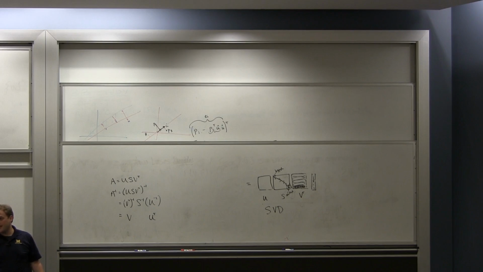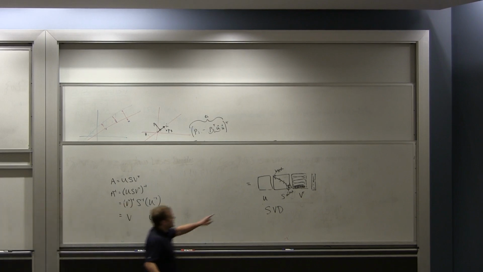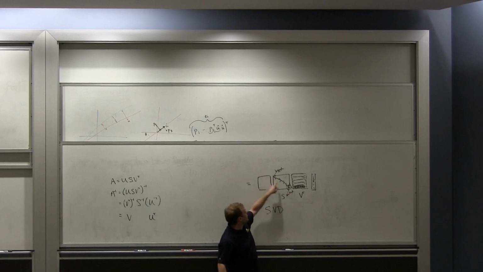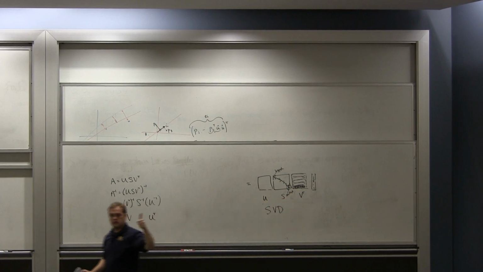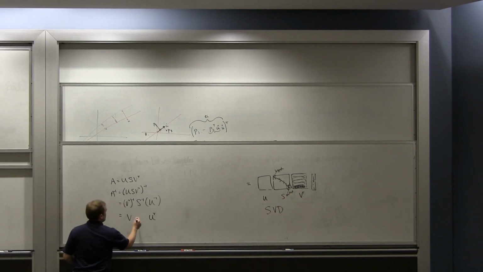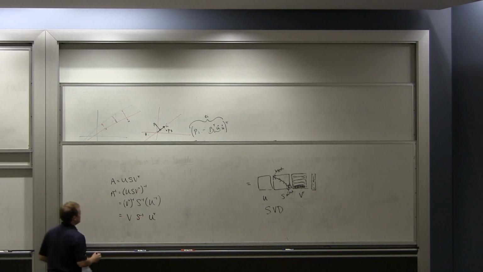The happy thing is that S is a diagonal matrix, so its inverse is just another diagonal matrix, except with 1/6, 1/3, 1, 1, and 1/2 on the diagonal. Everybody on board? So this is just going to be S inverse, which is easy to compute. Great.